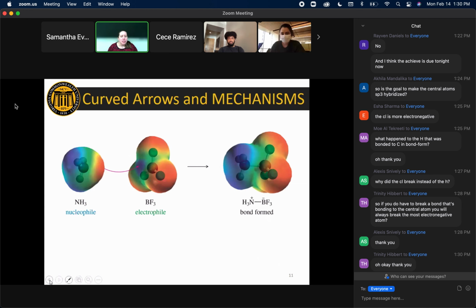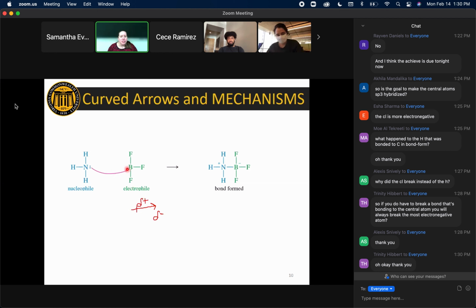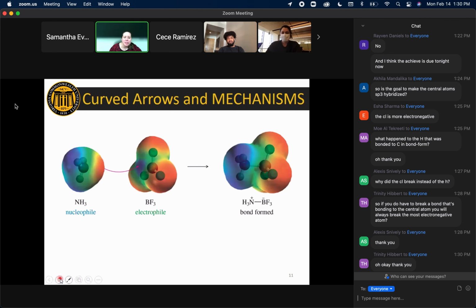Okay, what I want to do next is show you another way of looking at this. Ignore my drawings down here. For the second example, we can look at it drawn out on paper like this, and we can see high electron density here with the lone pair moving towards the empty p orbital on boron. The other way to look at it is through electrostatic potential maps.